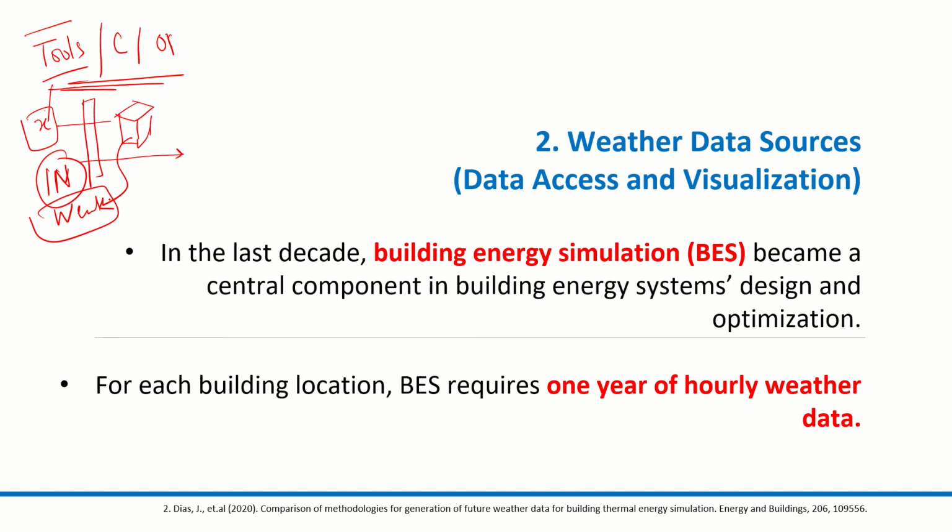That's what we are interested in. How is it interacting with the environment, and how do we analyze that? So the weather data is one of the input data that we should have access to, and that will give you a lot of information on how the building will perform.